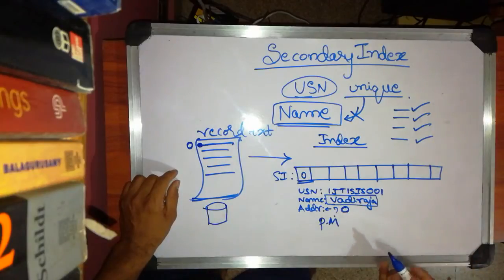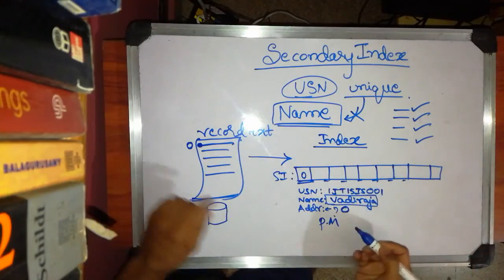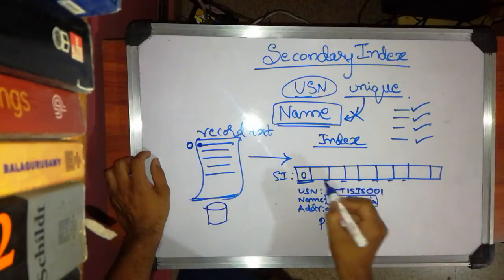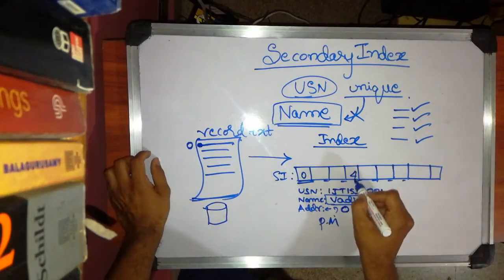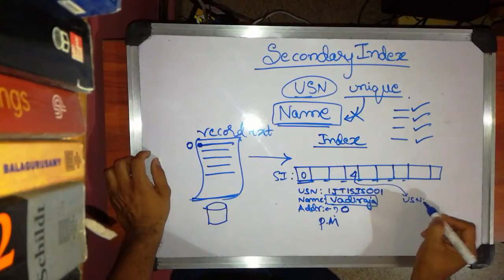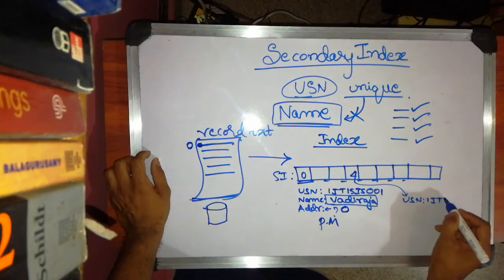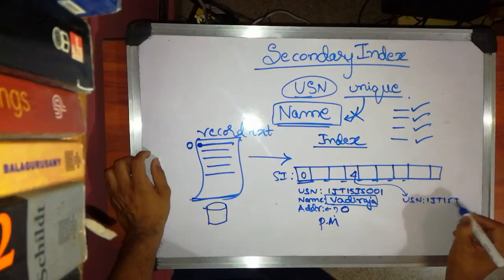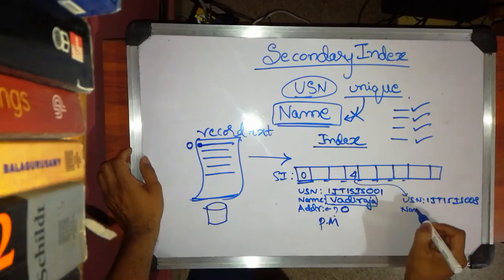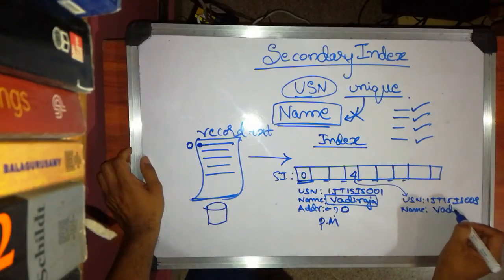So as I told you, this is the first entry in the secondary index that we're going to build. There can be as many such students. So possibly the fourth student also has the same name. His USN is of course different, 1JT 15IS 008 or something, but his name is Vadiraja again.